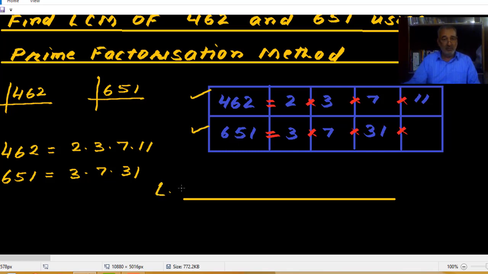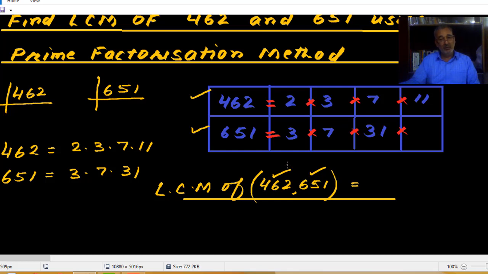So what will be the LCM of these two numbers? This is notation 462, comma 651, means I am taking LCM of these two numbers. And what should I do now? In HCF, we have taken common factors only. Here, we have to take every factor.